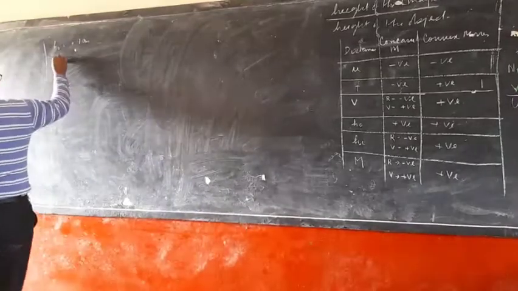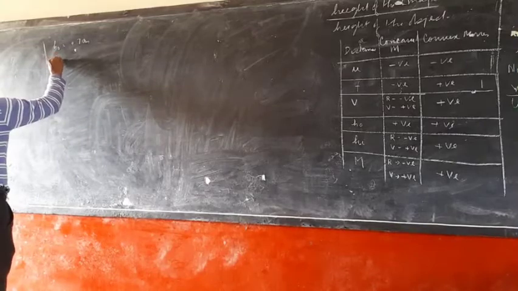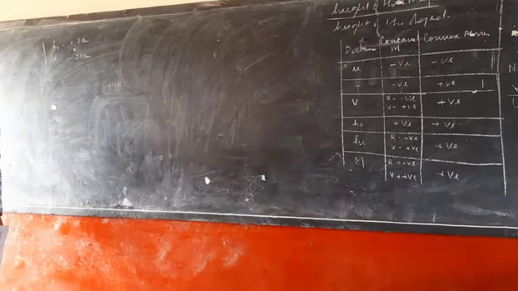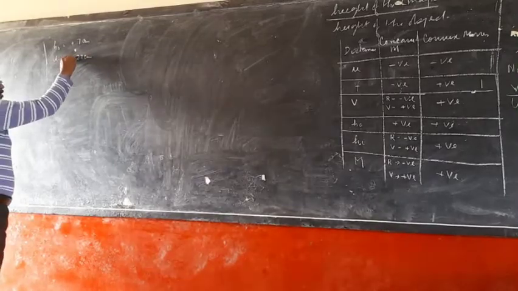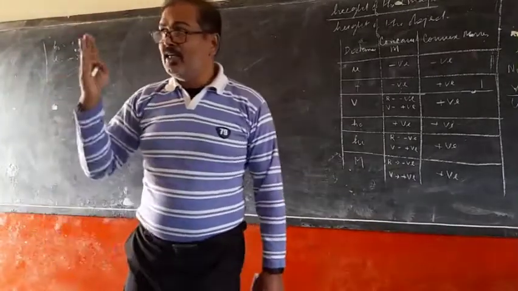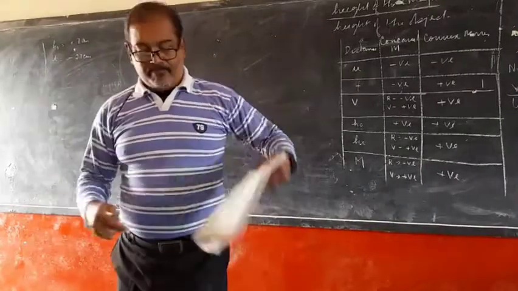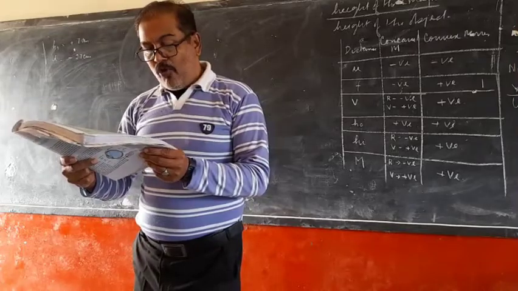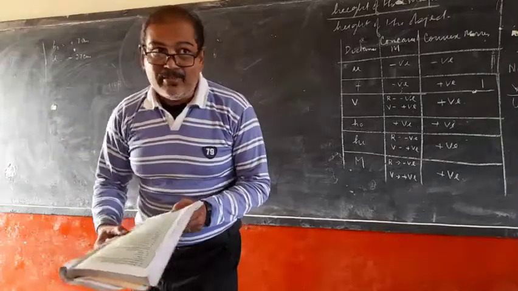Very good. Object distance is represented by u, 27 centimeter. Is it positive or negative? Negative, because object distance, irrespective of any mirror, is always negative. Very good. In front of a concave mirror of focal length 18 centimeter.